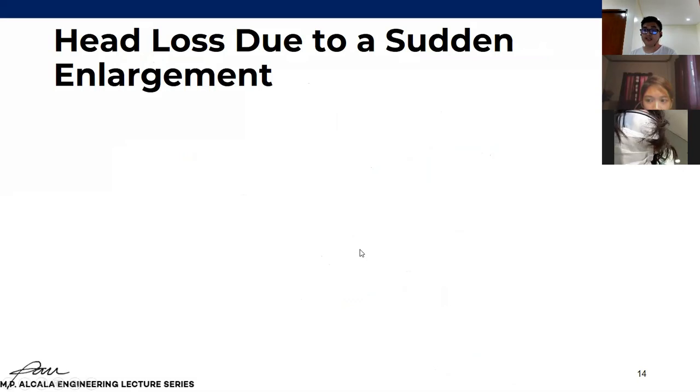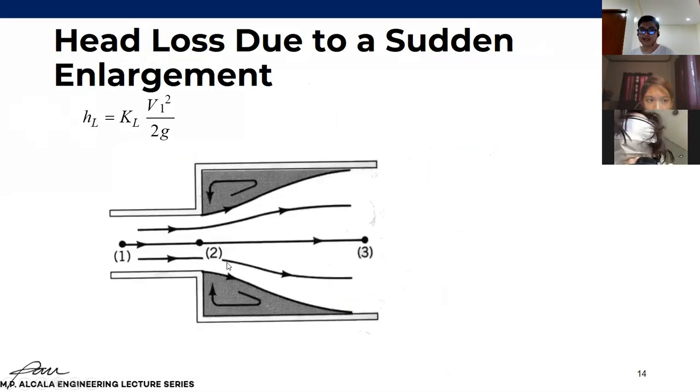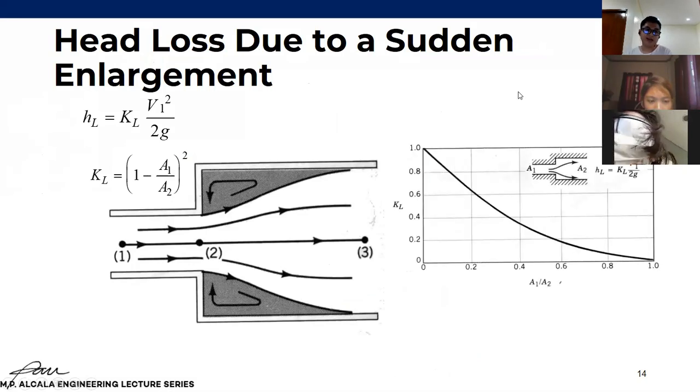Now, how about sudden enlargement? So, kanina, gradual. Paano pag biglaan na? Almost same formula. Where KL is 1 minus A1 divided by A2, 1 minus A1 divided by A2, and getting it square. So, just take note, class, no? Kung may state naman sa problem usually.